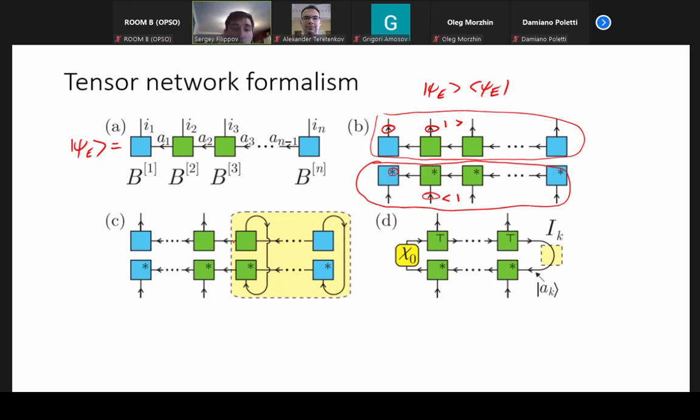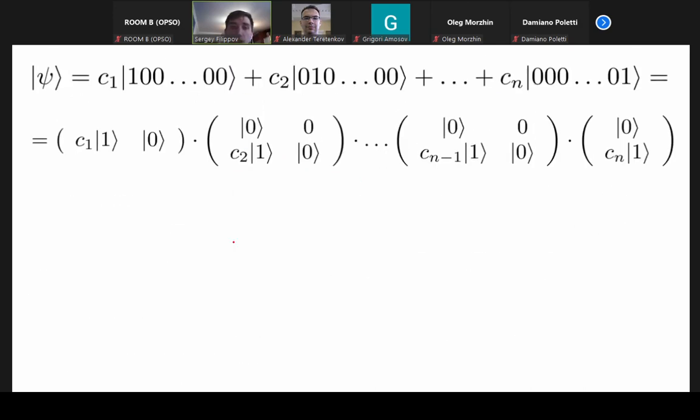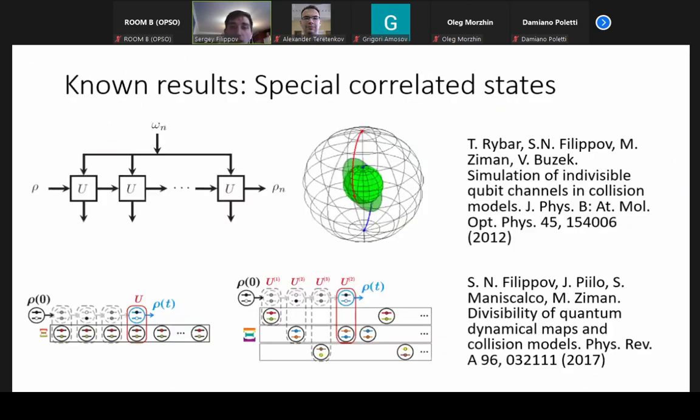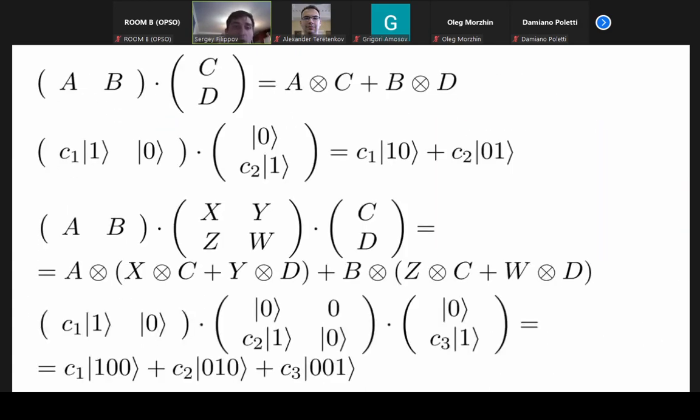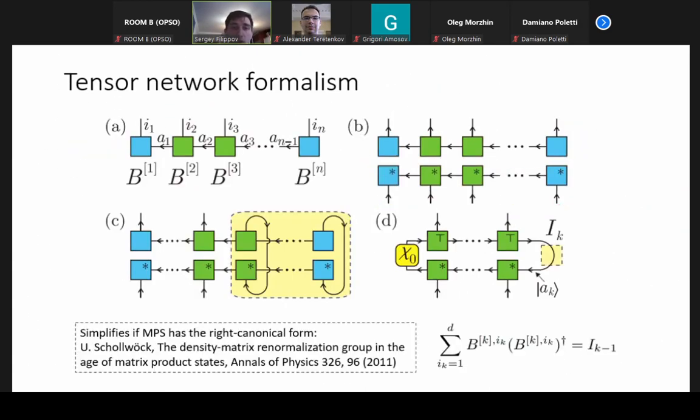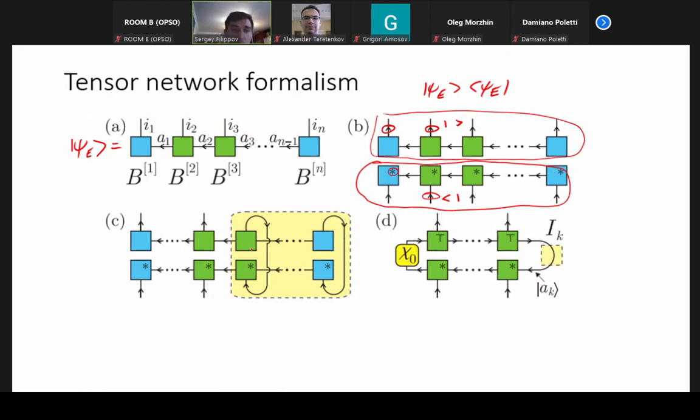But if we want to calculate the density operator after k collisions, so say here, then we should consider a reduced density operator. So how shall we find the reduced density operator? We should trace over the degrees of freedom that are not relevant to us. So for example, k particles are here, and we should take partial trace over the particles we are not interested in, so some kind of future particles.